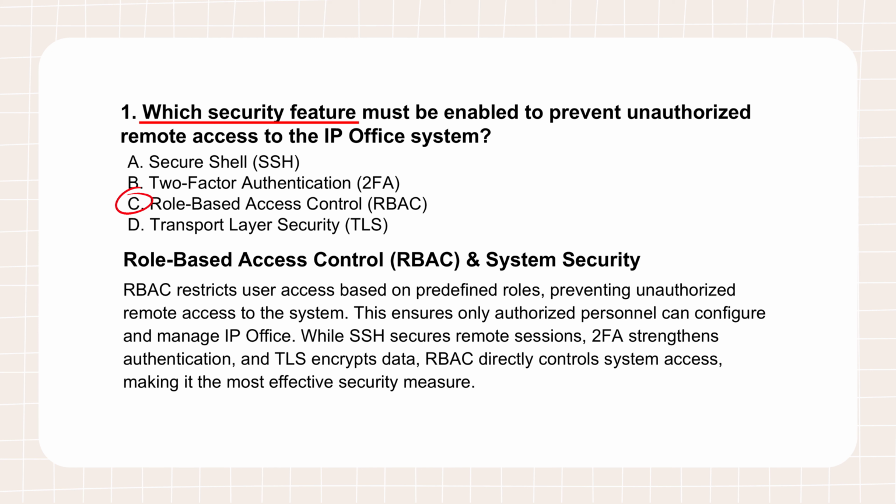Okay, RBAC. Let's dig into that a bit. Why is that the go-to for stopping someone from even getting in remotely if they shouldn't? Well, what's really key about RBAC is that it's all about granting specific permissions based on a user's assigned role within the system. Think of it this way.